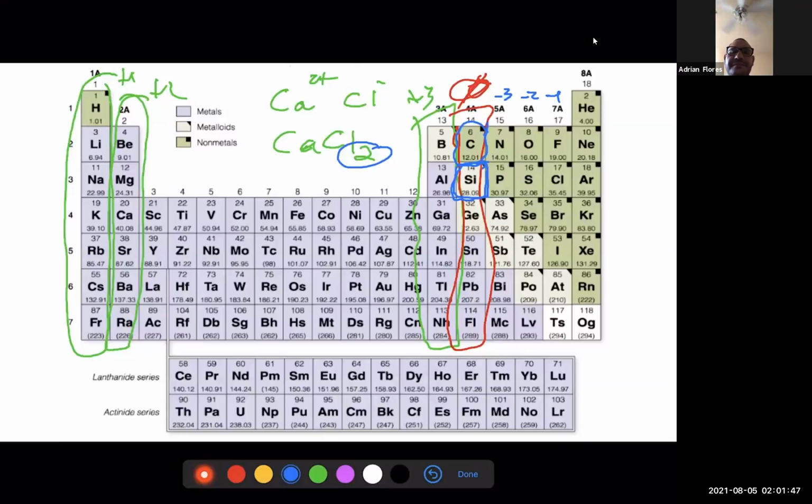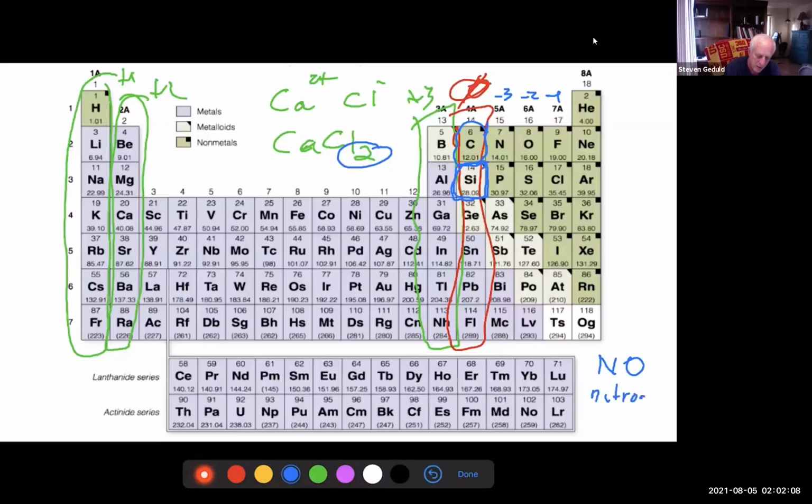Okay. Covalent compounds. Say we have NO. When there's no numbers here, we assume it's a 1. 1 nitrogen, 1 oxygen. We don't put 1 if it's a 1. So this would be named nitrogen monoxide.